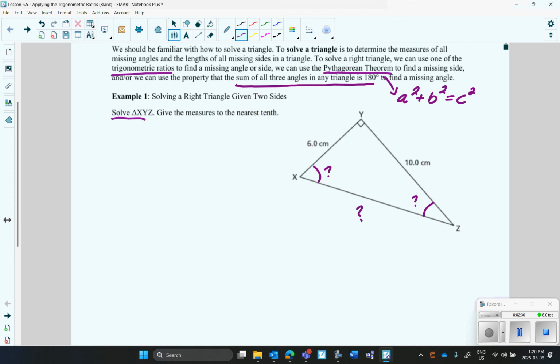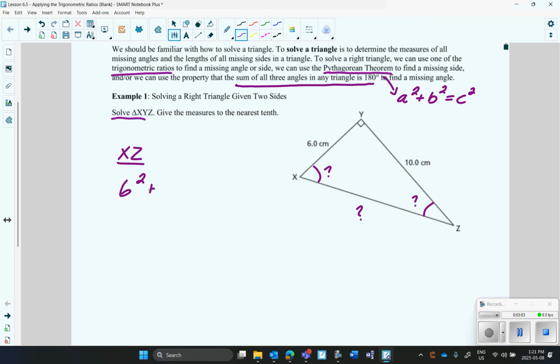Sure. We know 2 of the sides, why not use Pythagoras? Okay. So remember, the 2 sides make up the right angle. That's a and b. So the hypotenuse is unknown, and we're going to call it xz. a squared plus b squared equals c squared.